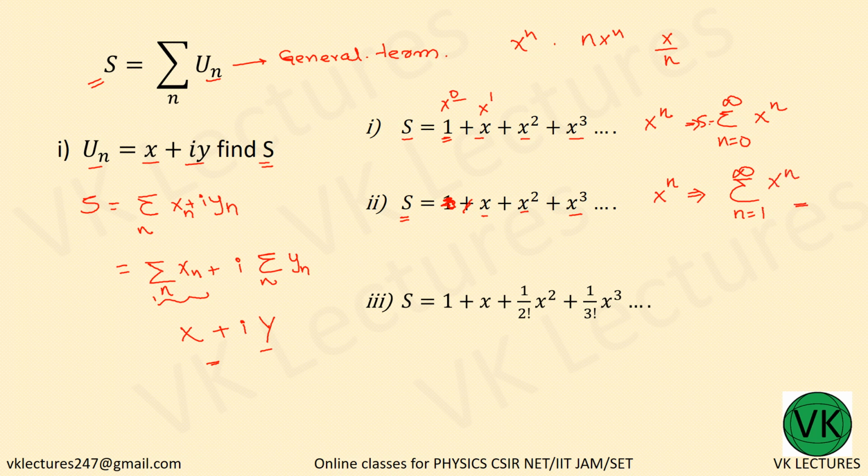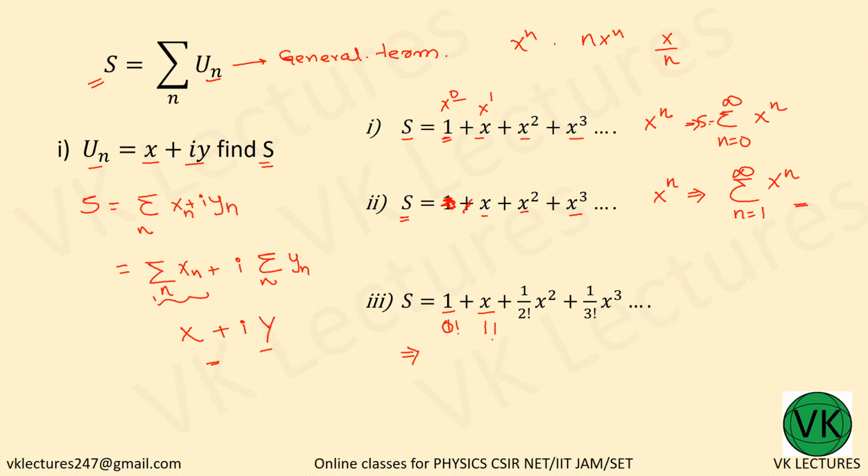Limits have changed. Now here you have the third case, where you have 1, x and so on. You can write 1 as 0 factorial, then 1 factorial, 2 factorial, 3 factorial.